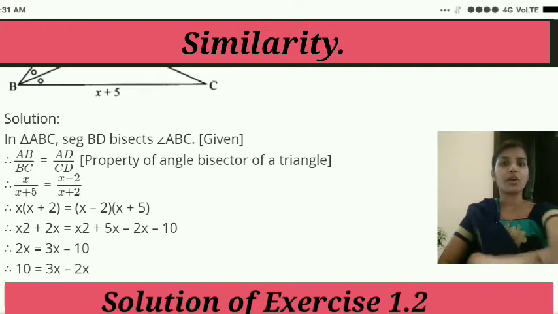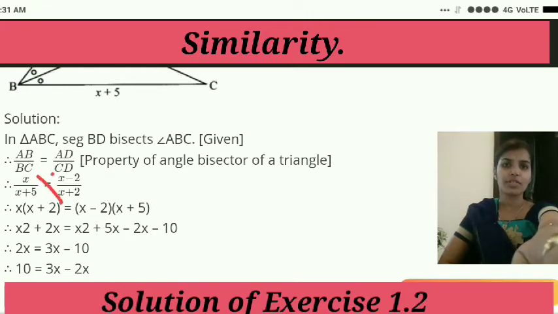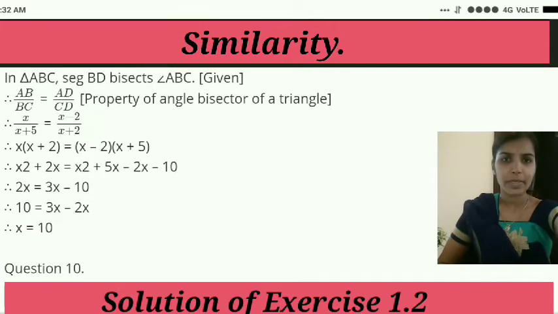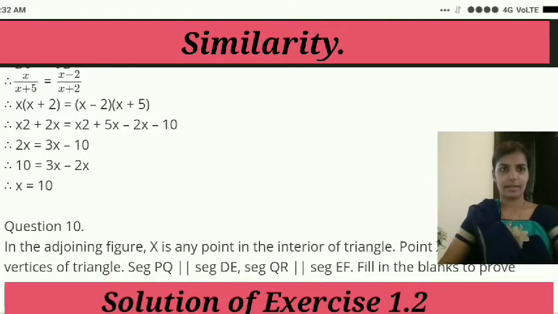Then we have to cross multiply these. And after the cross multiplication, you solve these. Okay. So X into X plus 2, that means X square plus 2X is equals to X square plus 5X minus 2X minus 10. You solve that, you will get the value of X is 10.